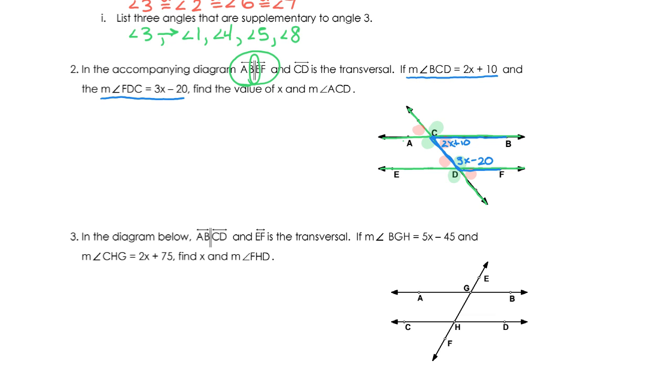It'd be awesome if you know what they're called. And they are actually on the interior and they're on the same side. So they would be called same side interior angles. And if you remember the alliteration, same side interior angles are supplementary.